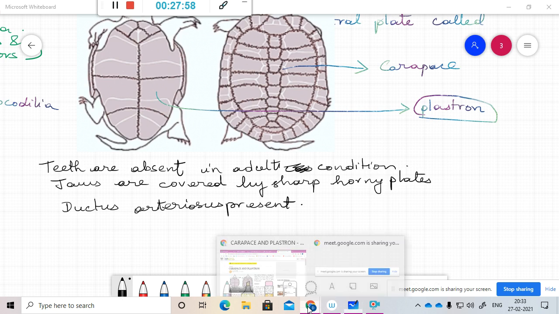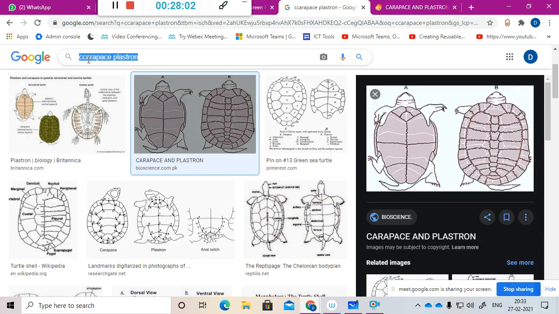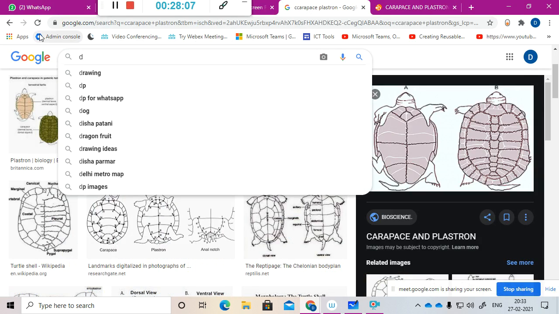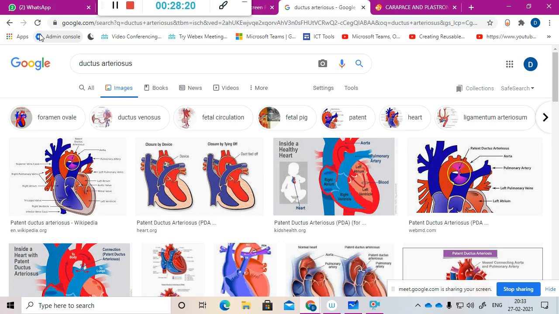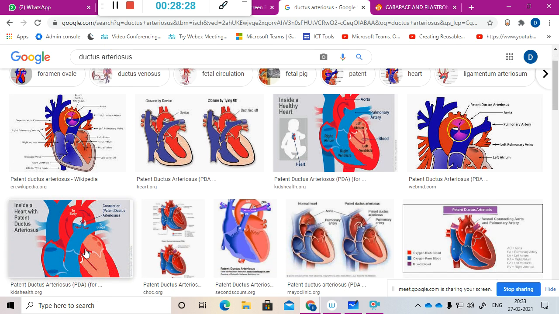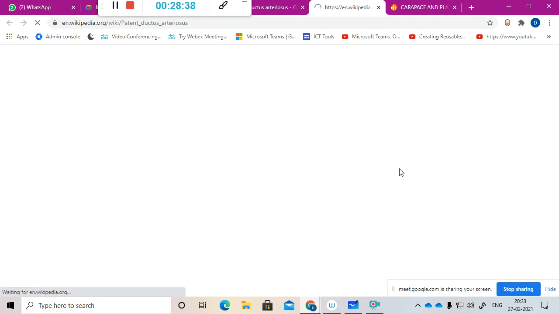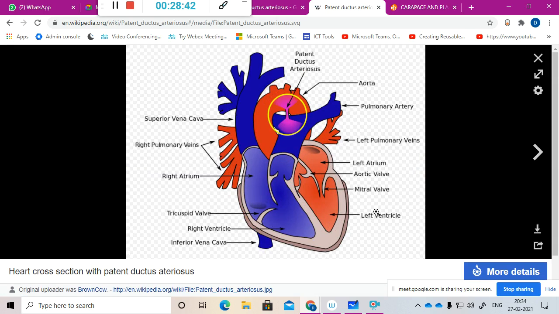Now let us have a picture of what the ductus arteriosus is. So if you look at a heart, the pulmonary artery comes and you have this dorsal aorta.